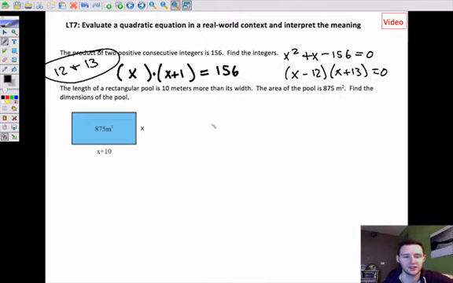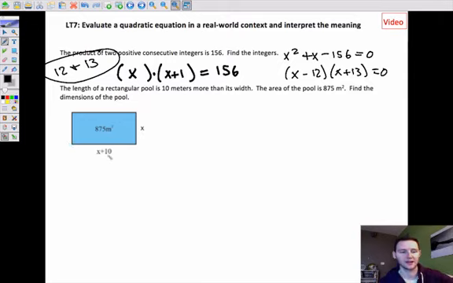In the second one here, again, I'm focusing on the setup. We've got a rectangular pool, with its length measuring 10 meters more than its width. A little picture is drawn here to help you out. Here's the width, and here's the length.